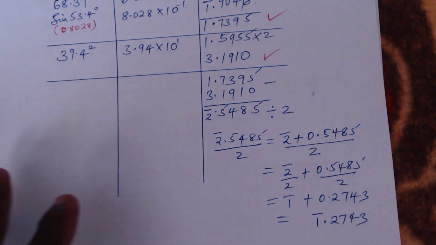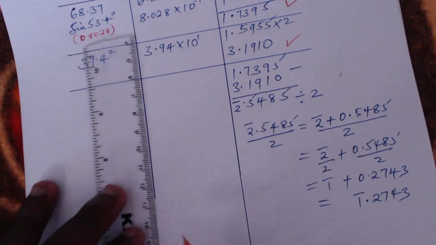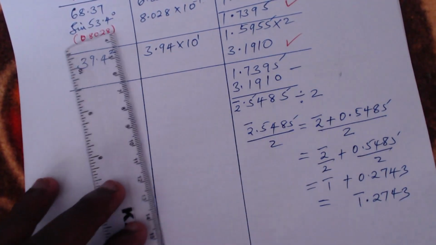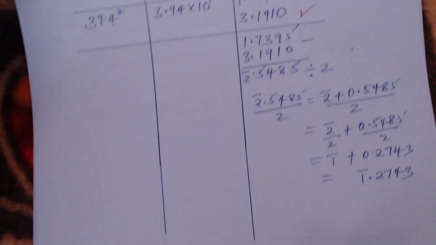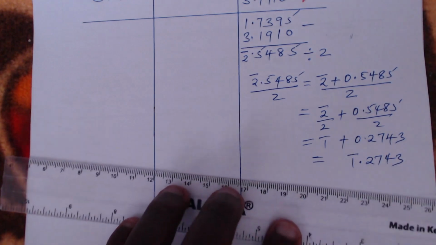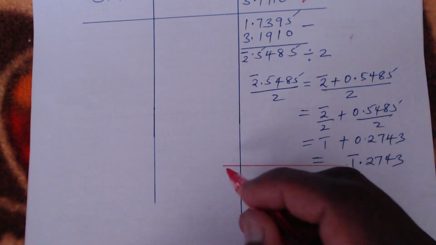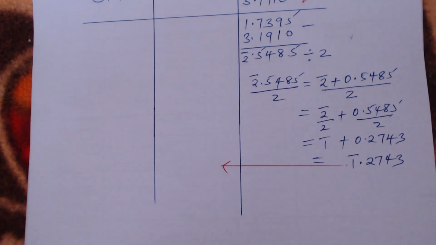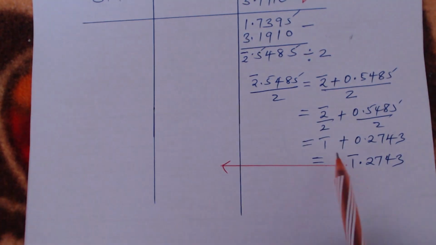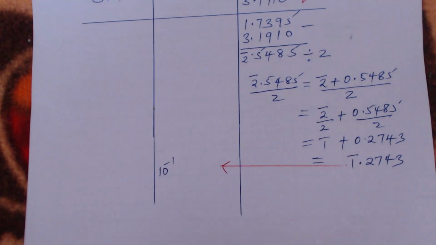Now we've done everything. The only thing that is remaining is to get the solution now. We need to get the answer for the whole question. So after working out everything, now we need to get the antilog. Let's get the antilog. And this is how we get the antilog. So the antilog of bar 1 is 10 raised to power negative 1.